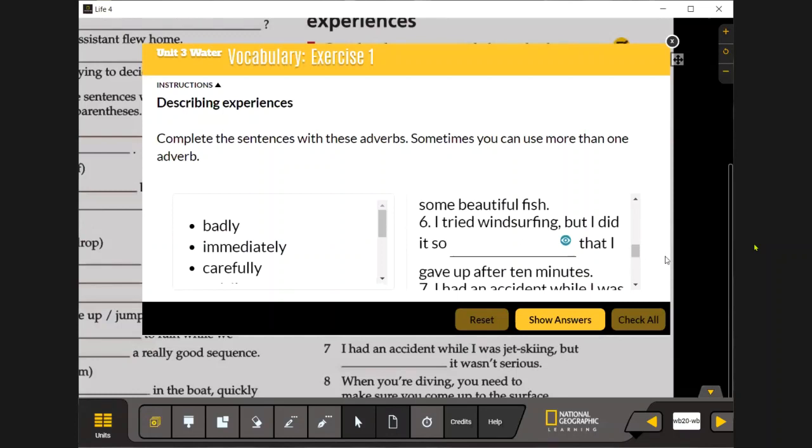Okay, 6. Sí, esa es única. Okay, 6. Anybody? Badly.